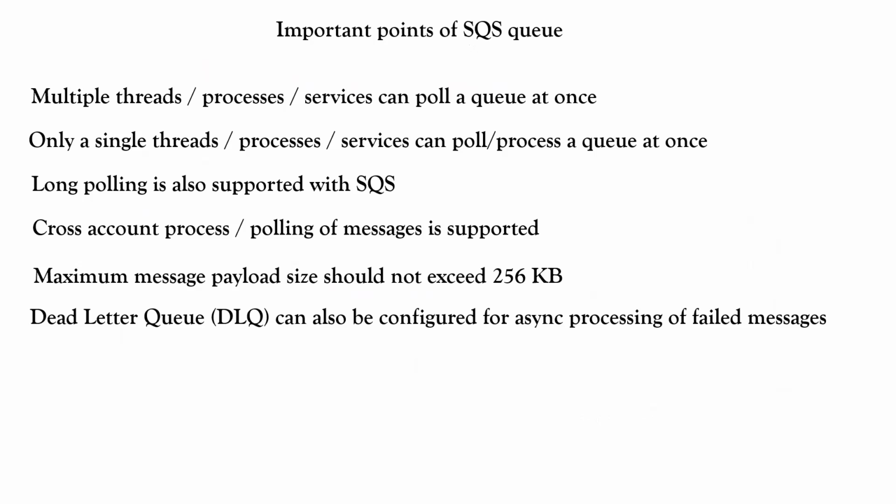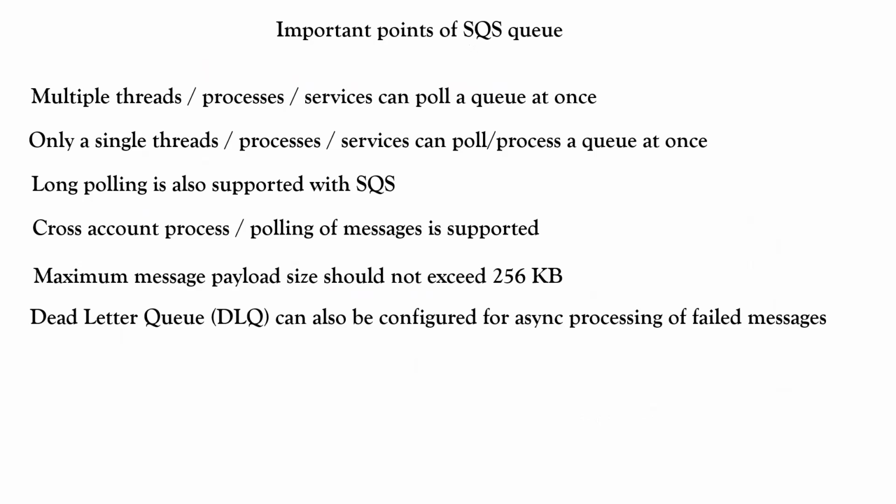DLQ, dead letter queue, can also be configured. As we discussed, the producer service is pushing the message to the queue, and the consumer service is pulling the message from the queue, processing the messages and deleting the messages. In a certain scenario, in case the consumer service is not able to process the message after multiple retries, this kind of configuration can be done: it will push that particular message into the dead letter queue.